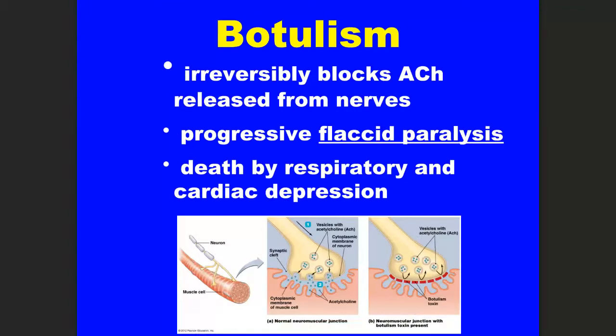Okay, so it results in flaccid paralysis of the muscles. It can get so bad that the toxin can spread and affect the phrenic nerves, the nerves that innervate the diaphragm, and cause that to be paralyzed, and there could be problems with breathing.